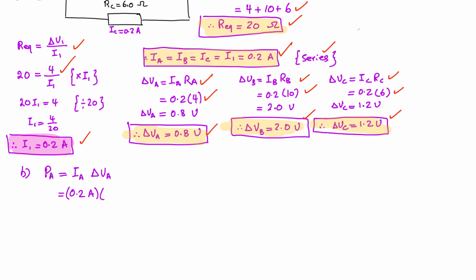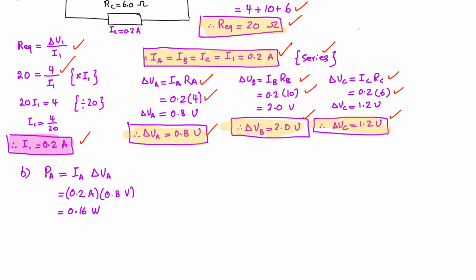You can just write it as regular values and write the units at the end. The potential difference for A, that's up here. Let's calculate it as 0.8 volts. And when I multiply the two values, I'm going to get 0.16 watts for my final answer.